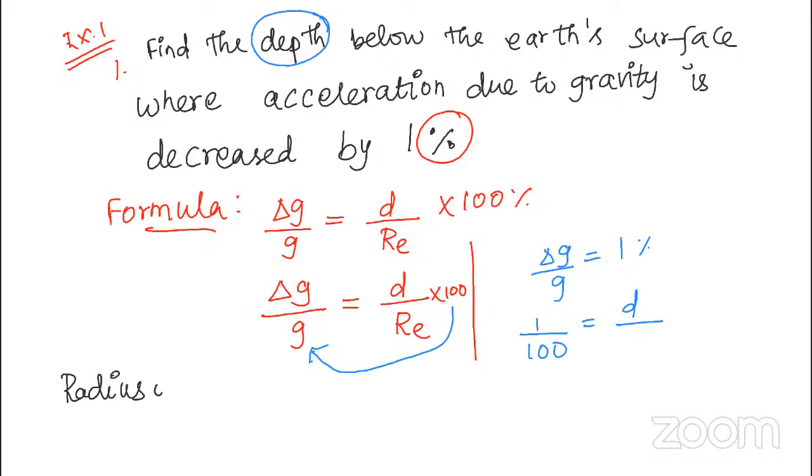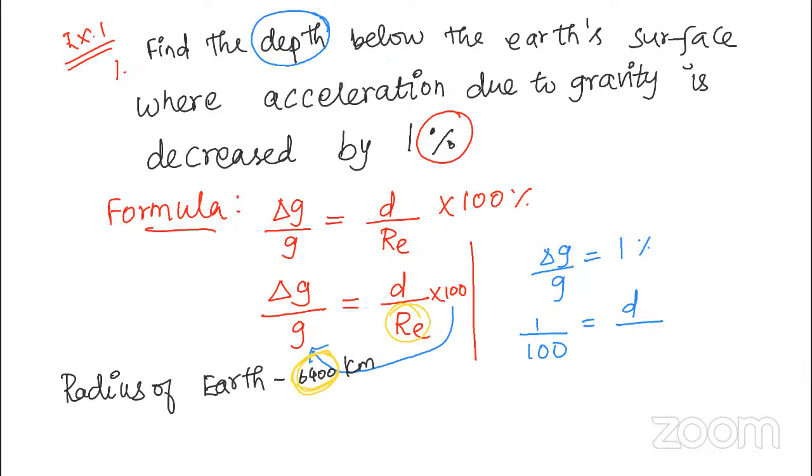Radius of Earth value is a constant value. So put it in the comments. Yes. So we have to take the rounded off value, that is 6,400 kilometer. Okay. So let us now substitute in this. For the value of RE, we have to substitute 6,400.